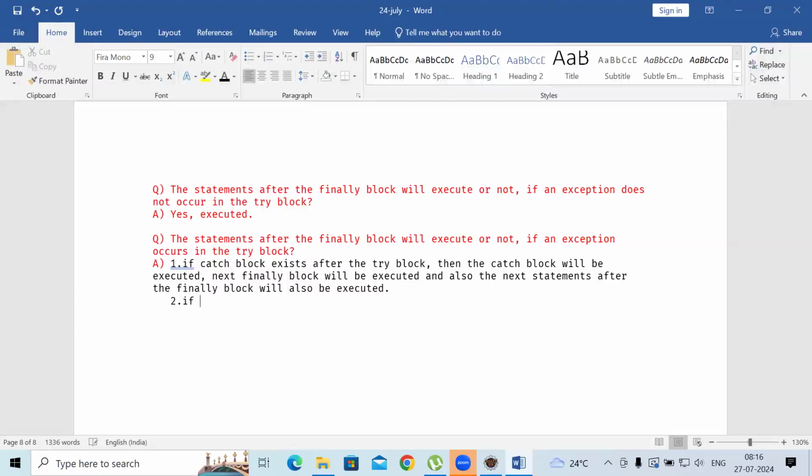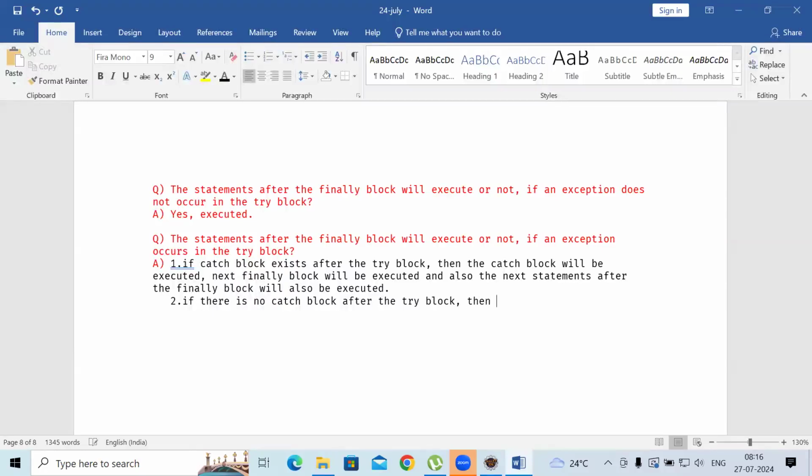If a catch block does not exist after the try block, the story is different now. What happens if there is no catch block after the try block?